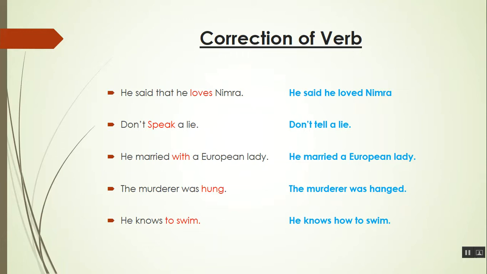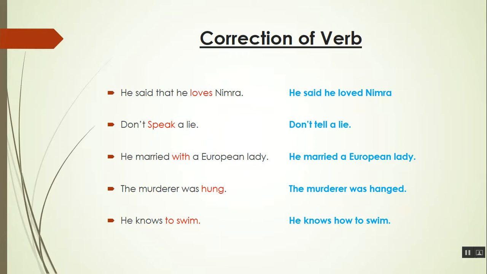One is incorrect, and the second one is correct. The incorrect sentence is pointed out in red color, and the correct sentence is written in blue color. First I will tell you about the wrong sentence, and then the right sentence, and I will tell you why it is wrong or why it is right. So first of all, the first sentence is this: he said that he loves Nimra.